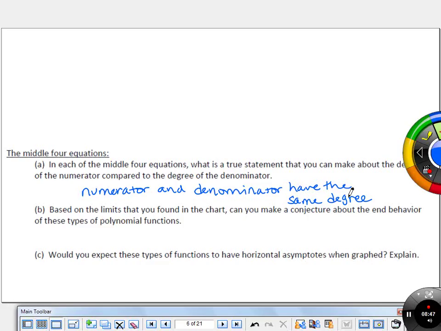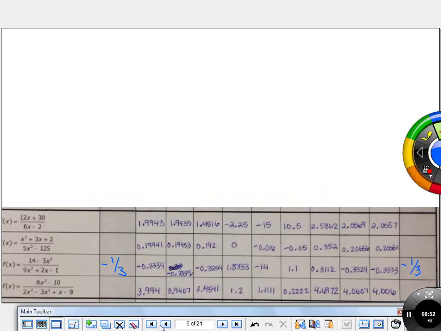So based on what we found in the chart, can we make a conjecture about end behavior? So someone tell me what you found for this first equation in the middle section.